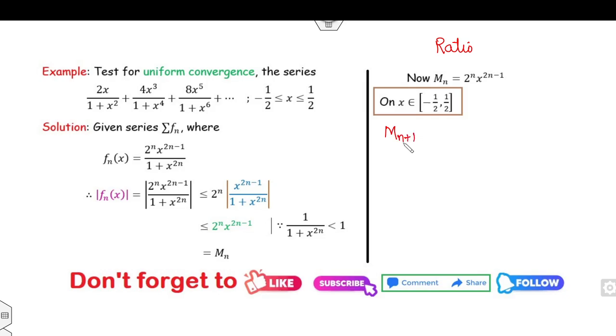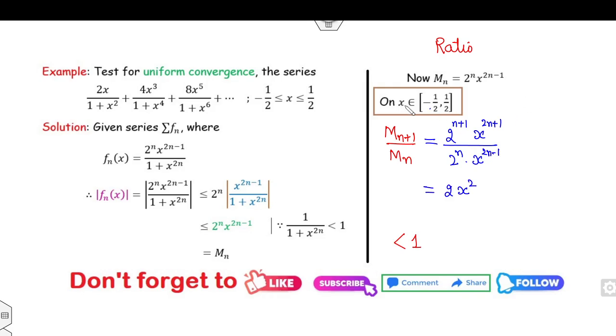If I start with Mn plus 1 over Mn, and you prove that this number is less than 1, then it is convergent. So I can substitute the value of Mn plus 1 into x to the 2n plus 1, over 2 raised to power n, x raised to power 2n minus 1, which is twice x square.